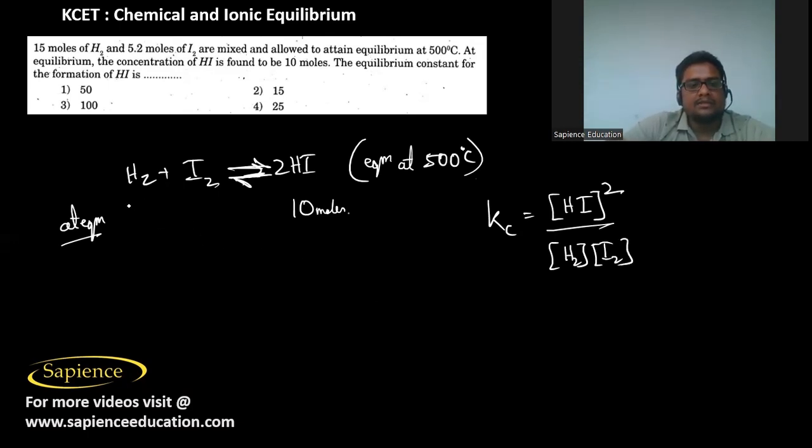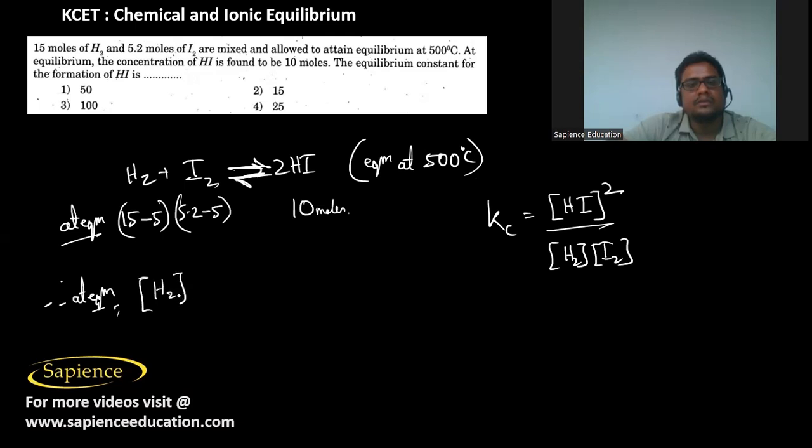So here initially 15 moles of H2 was taken, and so 5 moles will react to form 10 moles of HI, and 5.2 moles of I2 was initially taken, and so 5 moles of I2 will react to form 10 moles of HI. So therefore at equilibrium, let's say the total volume is V liters.